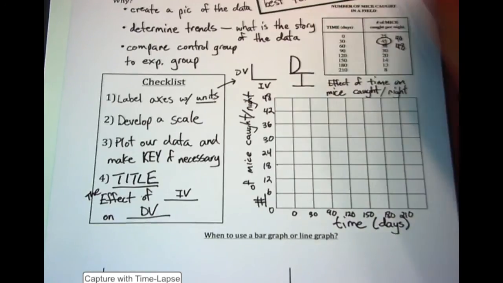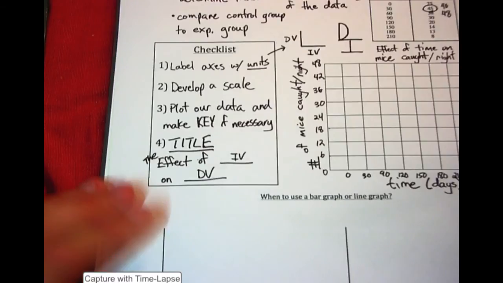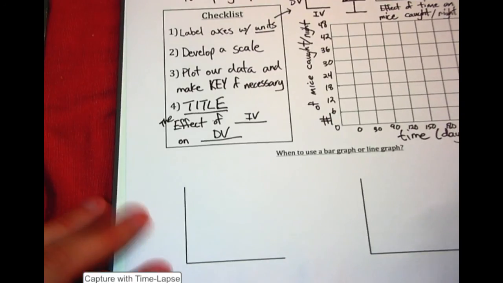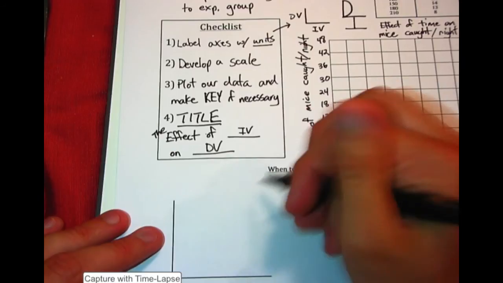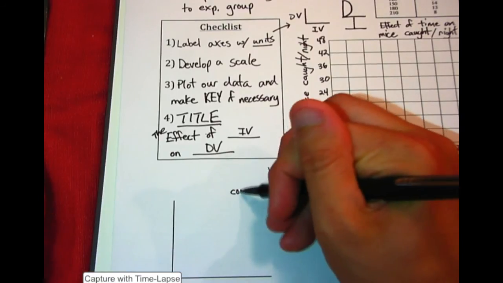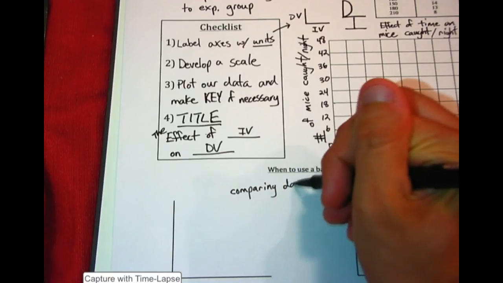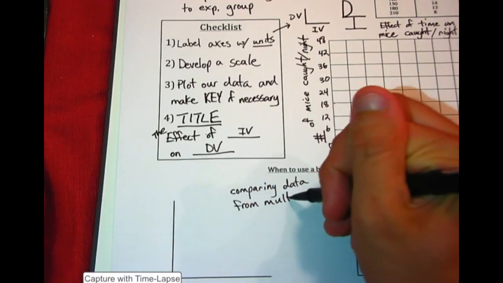So the last thing is, let's say you have data and you're setting up your graph, but you need to choose what type of graph you're going to use. And so the most common we're going to be using are bar graphs and line graphs. So when you use a bar graph, you're going to be using it when you are going to be comparing data from multiple categories.